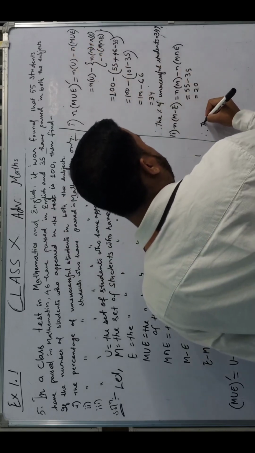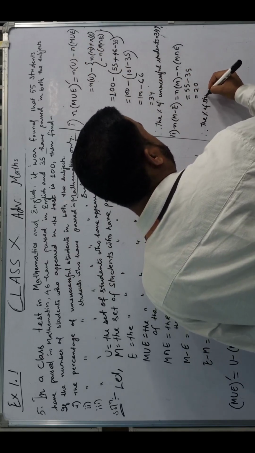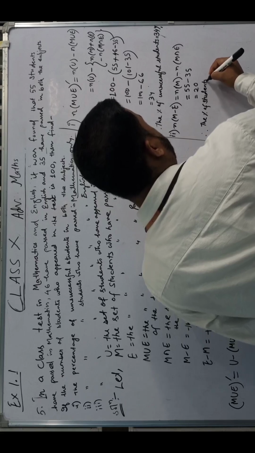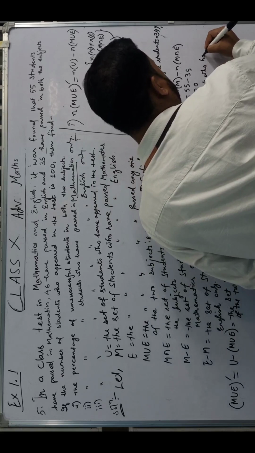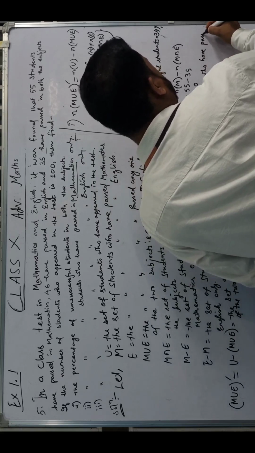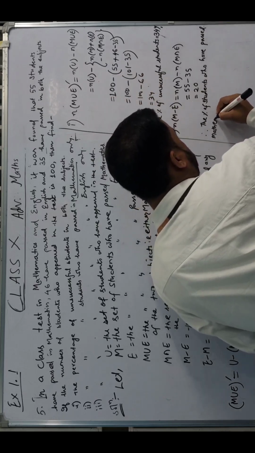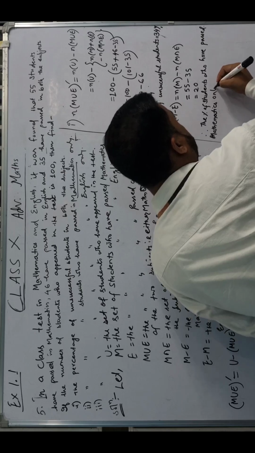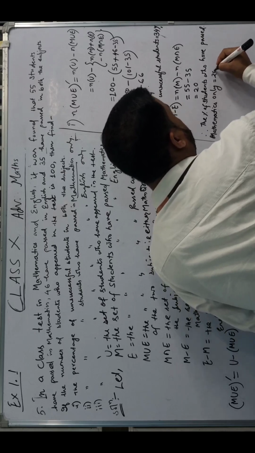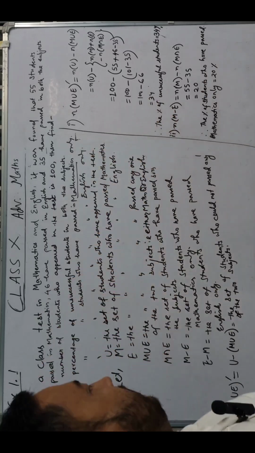Therefore, the percentage of students who have passed mathematics only is 20%.